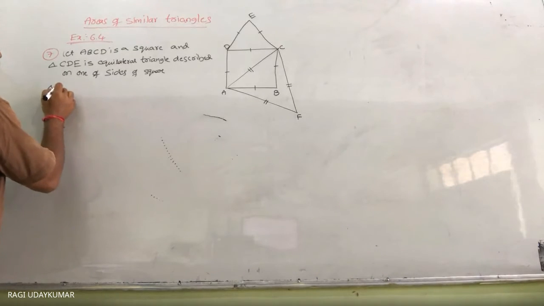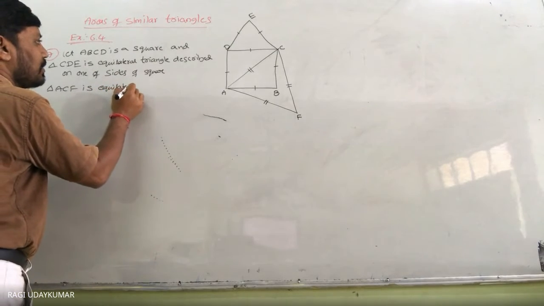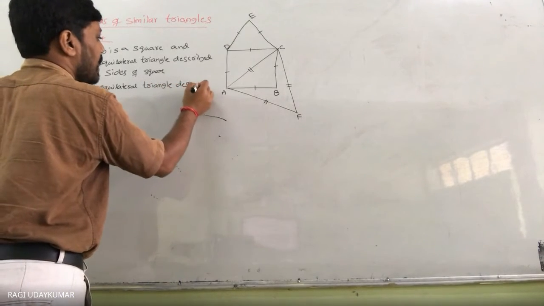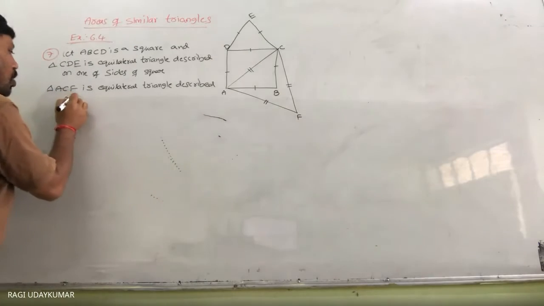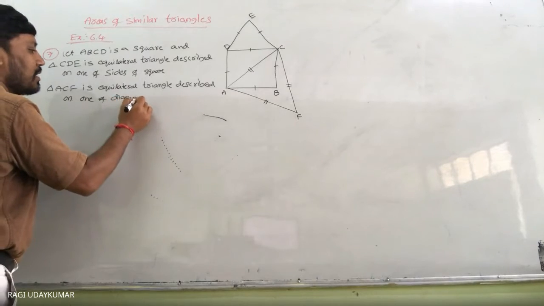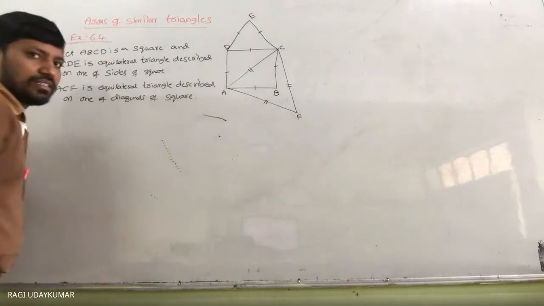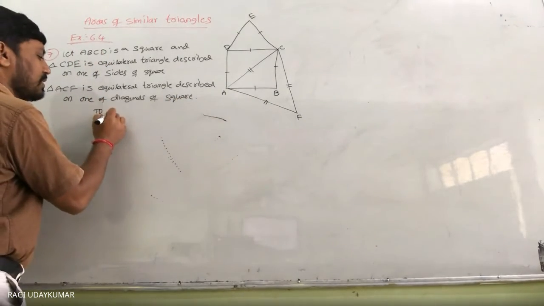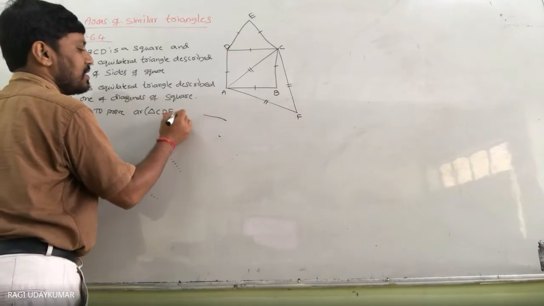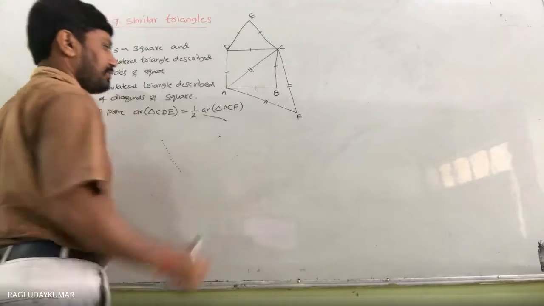And triangle ACF is equilateral triangle described on one of the diagonals of the square. So now what to prove here? To prove: area of triangle CDE is equal to half of the area of triangle ACF.